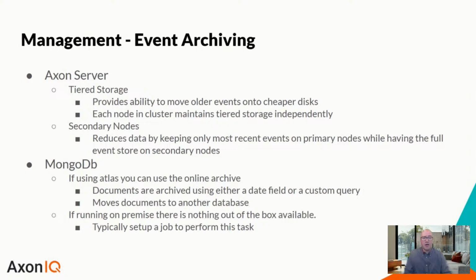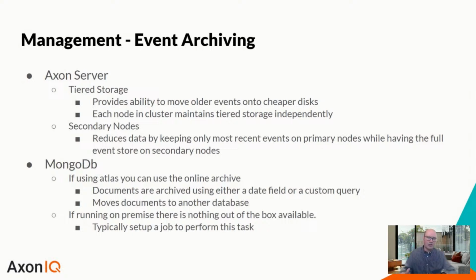So if we go down to event archiving, Axon Server has tiered storage and the concept of secondary nodes. Tiered storage is just going to be taking events and pushing them, as they age, onto cheaper disks over time. Each node that is participating with a given context where you have set up this tiered storage is going to be handling this independently.